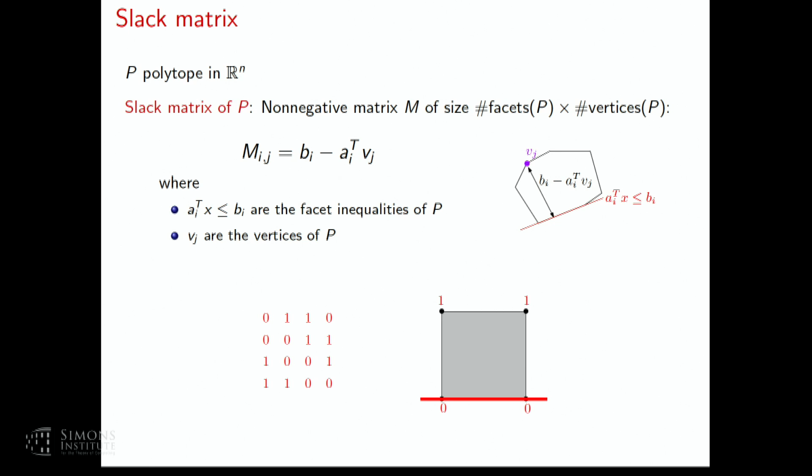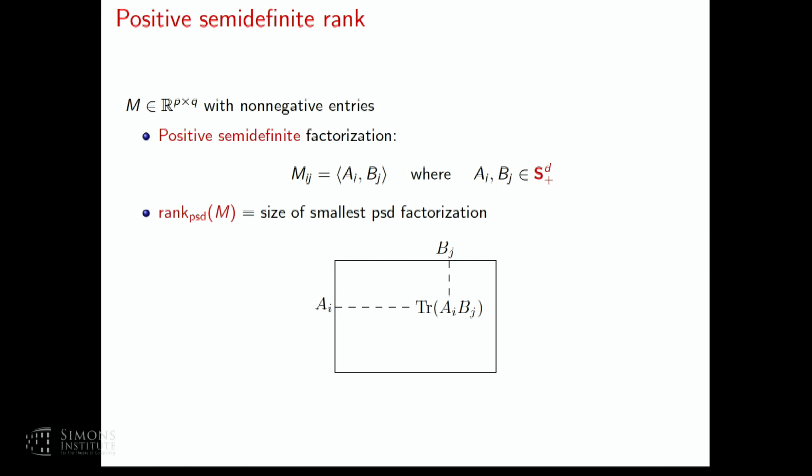So now I'm going to introduce a new notion of factorization of non-negative matrices. That's called the positive semi-definite factorization. If I take M, a matrix with non-negative entries, I can try to factorize my matrix as follows. I want to find PSD matrices A_i and B_j of size d by d, such that the ijth entry of my matrix is equal to the trace of A_i and B_j, or the inner product of A_i and B_j.